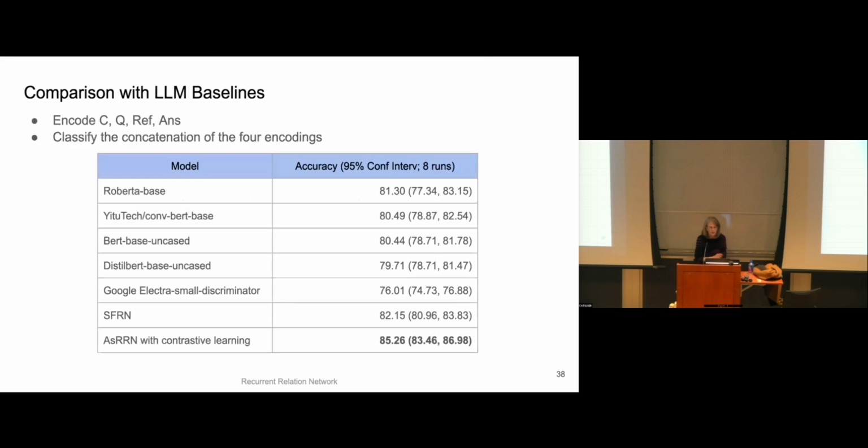We compared it with large language model baselines where we encode the context, the question, the reference answer, and the answer, concatenate the 4 encodings, and then classify that. And both SFRN and ASRN with contrastive learning way outperform these baselines. And ASRN with contrastive learning outperforms SFRN.